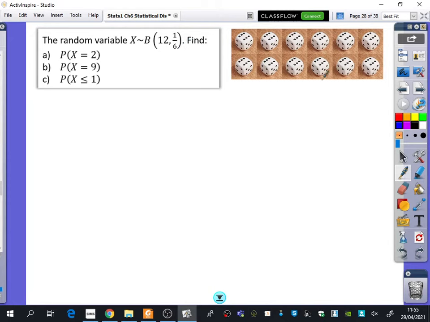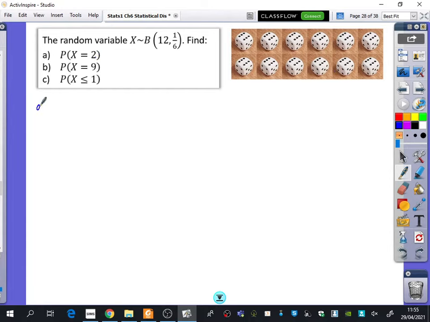I've drawn this. Why do you think I've given this image? How could this image relate to this distribution? 12 dice. There's 12 dice, and there's a 6th chance of it being a 6. So maybe I could have said, I'm rolling a dice 12 times. What's the probability that I get 2 6s?